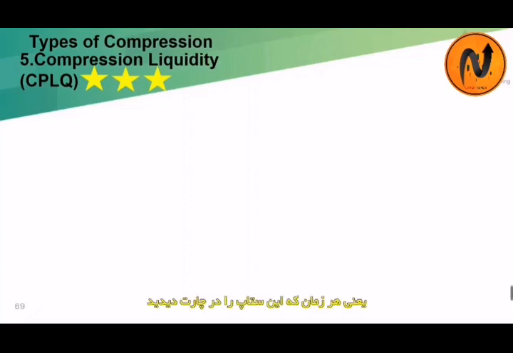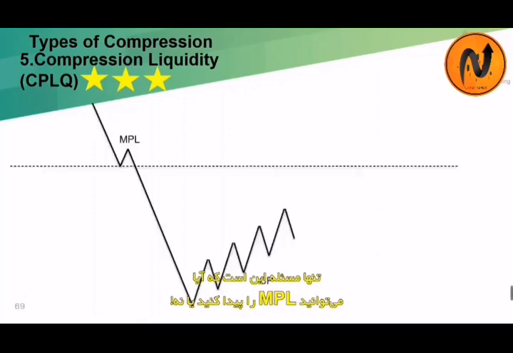It means that if you see any of this setup in your chart, do not hesitate to go into this trade. The chances of this kind of trade being successful are very, very high. But the problem is, are you able to catch where the MPL is?